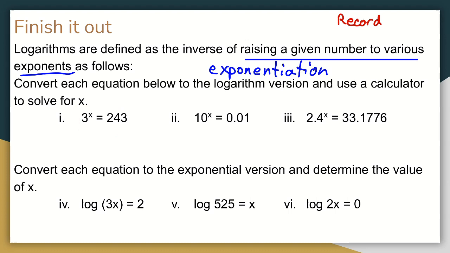What we have is log base 3 of 243 is equal to x. And the reason why I say to read that the way that you write it, notice that I said base 3. So the base of the logarithm is the base of the exponential.